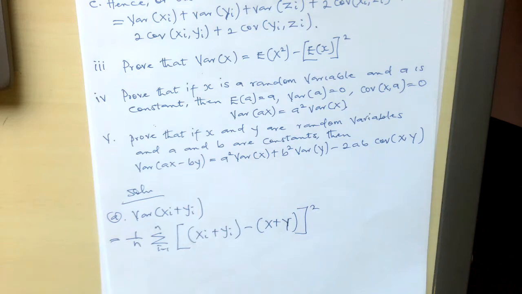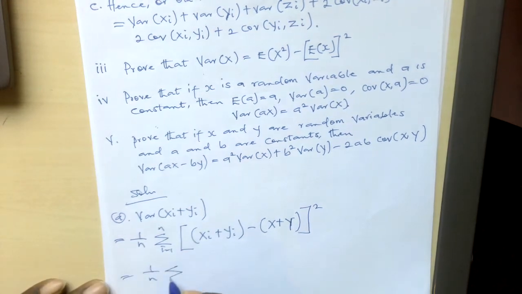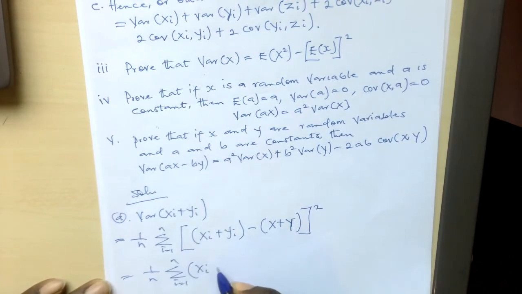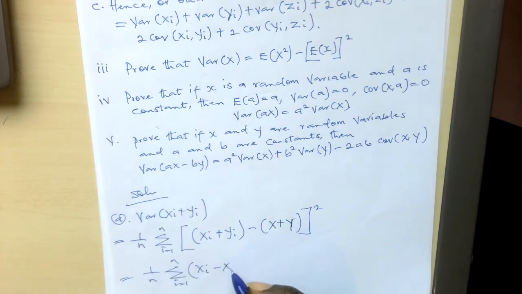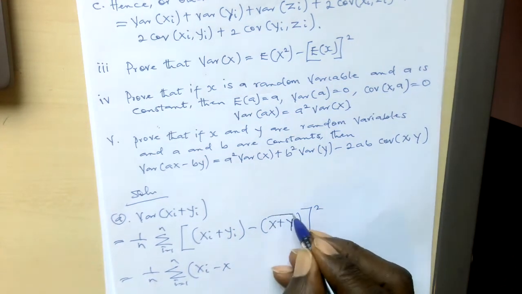Then here we can collect like terms. To collect like terms, we have 1 over n summation i equals 1 to n of xi minus x bar. Oh, I'm sorry, you need to have the bar here. Yeah, that's an oversight.